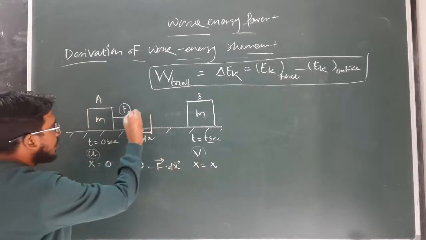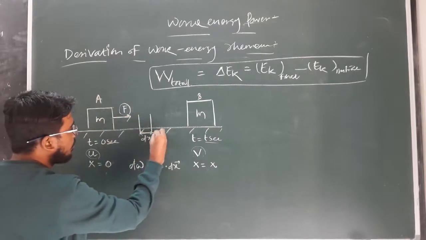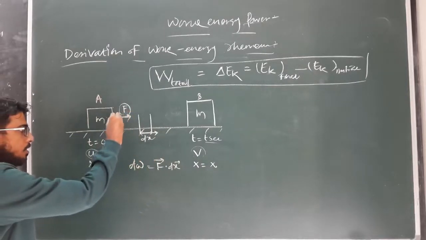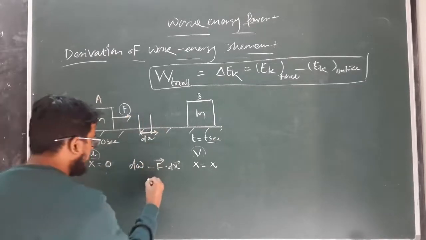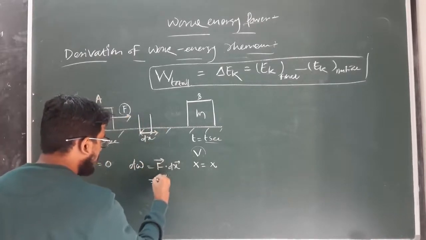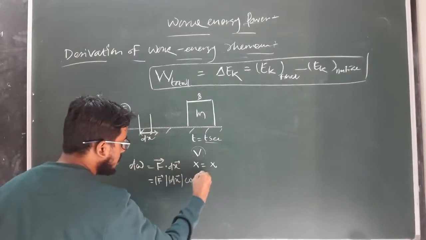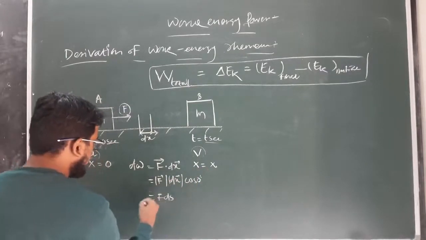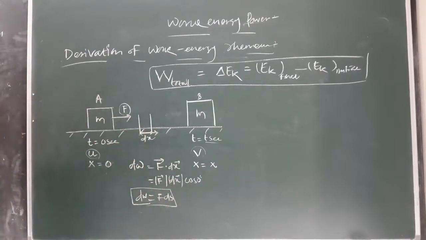As the applied force is applied along this direction, the displacement of the block dx is also along the same direction as that of the applied force. So the angle between the direction of applied force and the direction of displacement is 0. So this can be written as |F| into |dx| cos of 0 degree, and we know cos 0 is 1. So this will become F dx, which is equivalent to the small amount of work done by displacing the block with a small displacement dx.